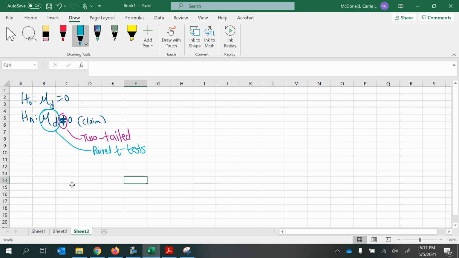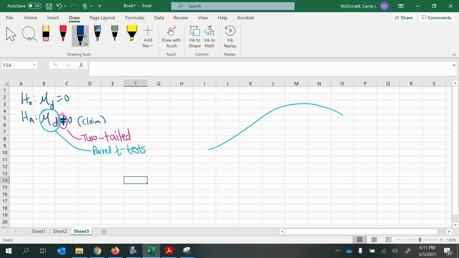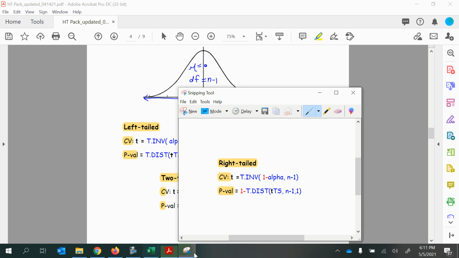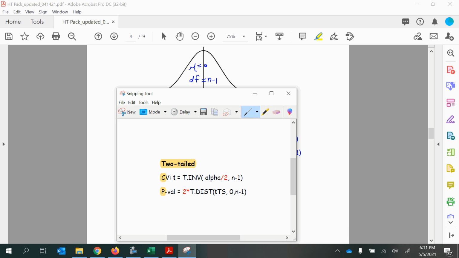So that's why we know that when we draw our distribution curve to sketch everything out, it's going to be a t-distribution. So everything we do here is going to be t dot dist, right? And we're going to be doing a two-tailed test. So we're going to use this set of instructions.